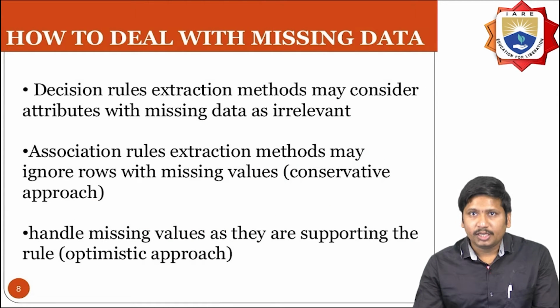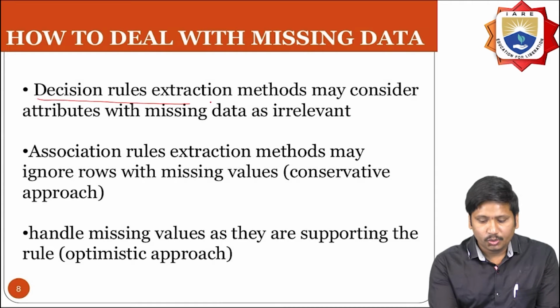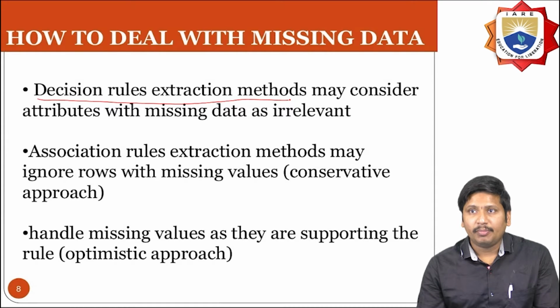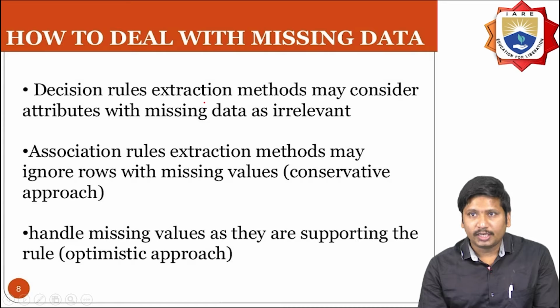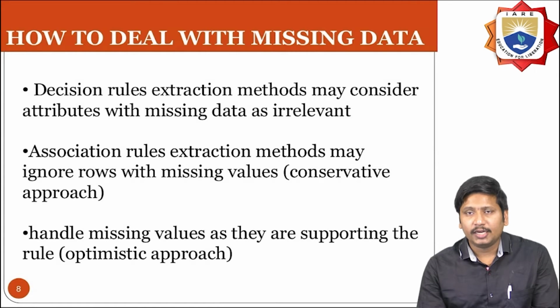For dealing with missing data, we maintain some decision rules extraction methods, which may consider attributes with missing data as irrelevant, and association rules extraction methods, which may ignore the rows with missing values. That is a conservative approach. Handling the missing values as if they support the rule is called the optimistic approach. These are some of the approaches designed for handling missing data.